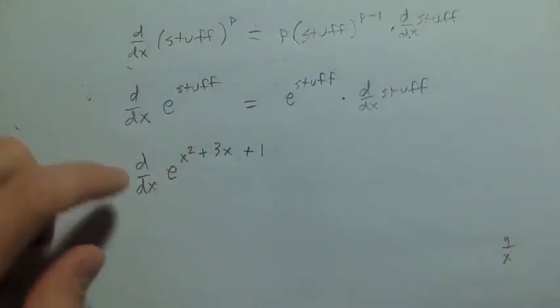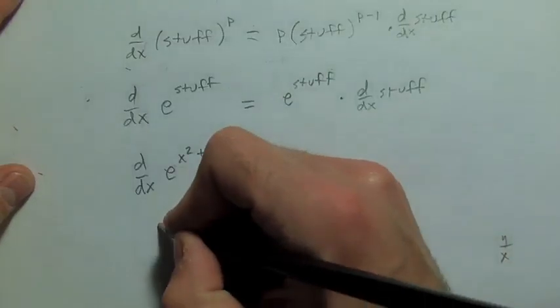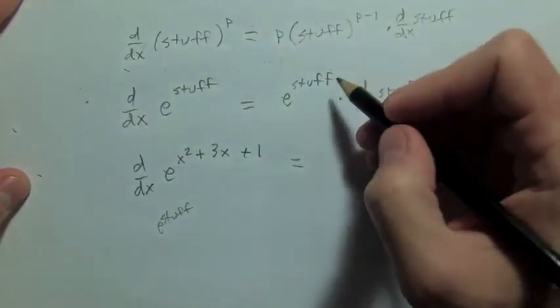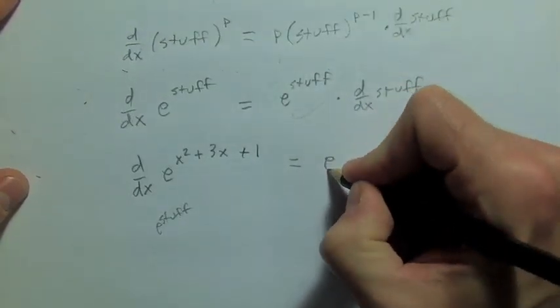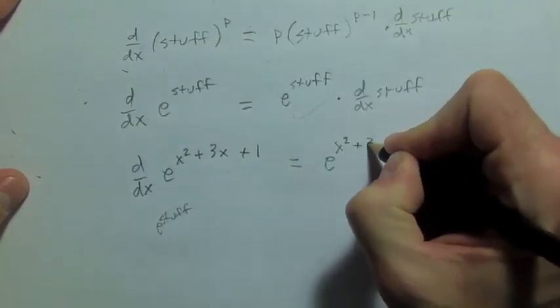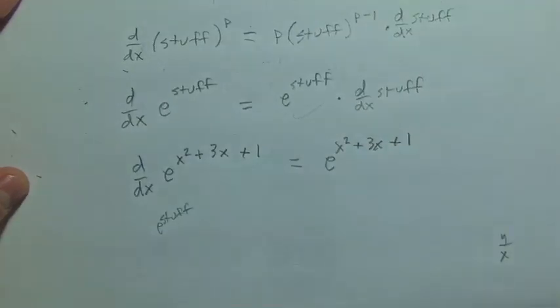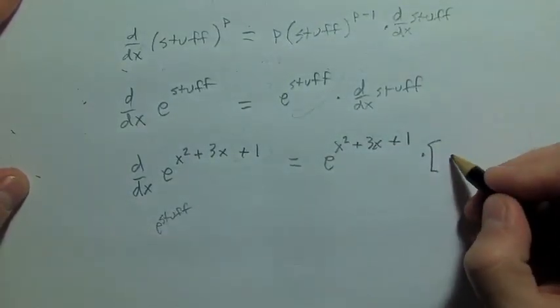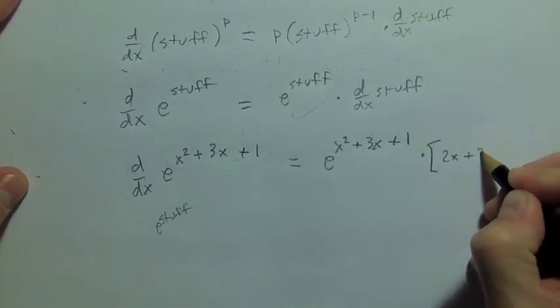The outer function is e to the stuff. So its derivative will be itself, e to the inside function left alone, times the derivative of the stuff, which will be 2x plus 3.